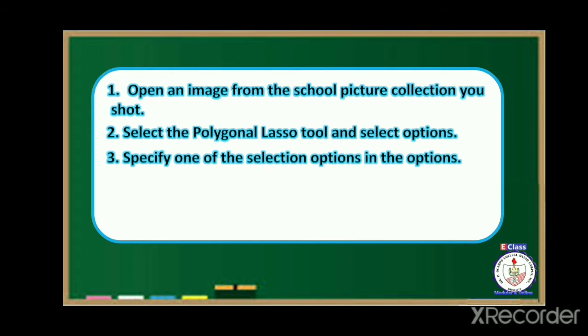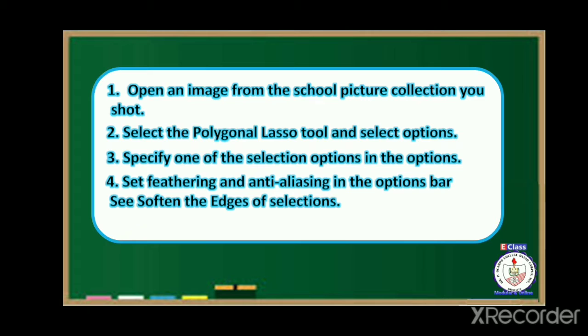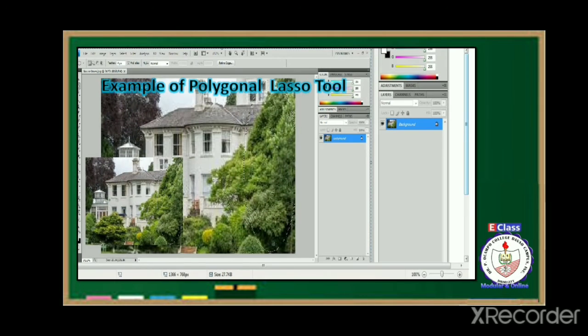Third, specify one of the selection options in the options bar. Fourth, set feathering and anti-aliasing in the options bar to soften the edges of selections. Fifth, click in the image to set the starting point. I give you this picture as an example. This is the example of the polygonal lasso tool.